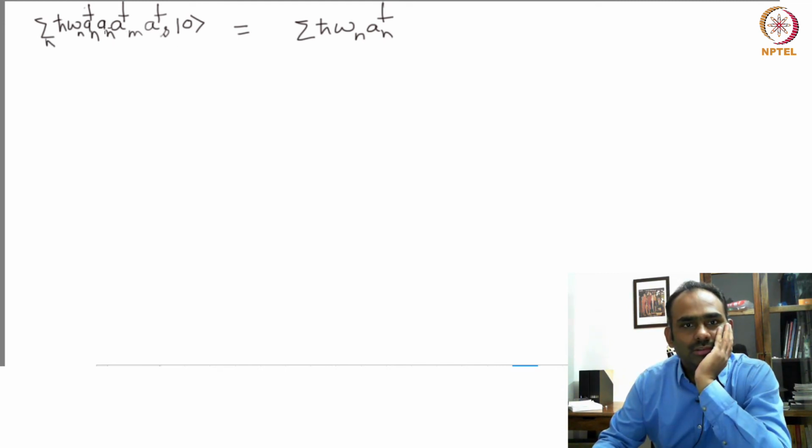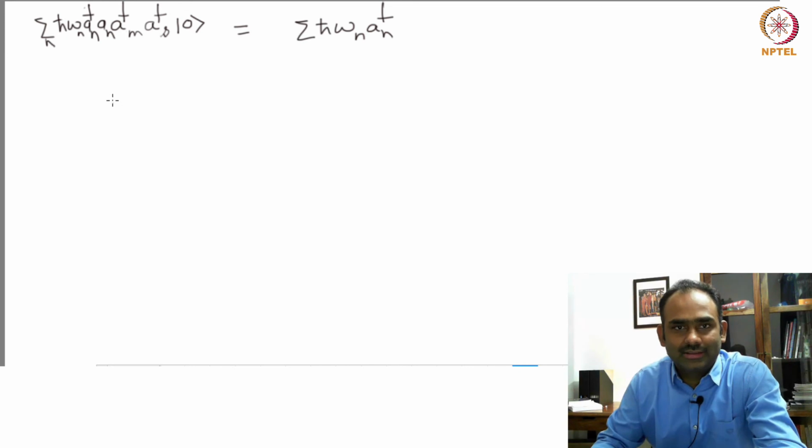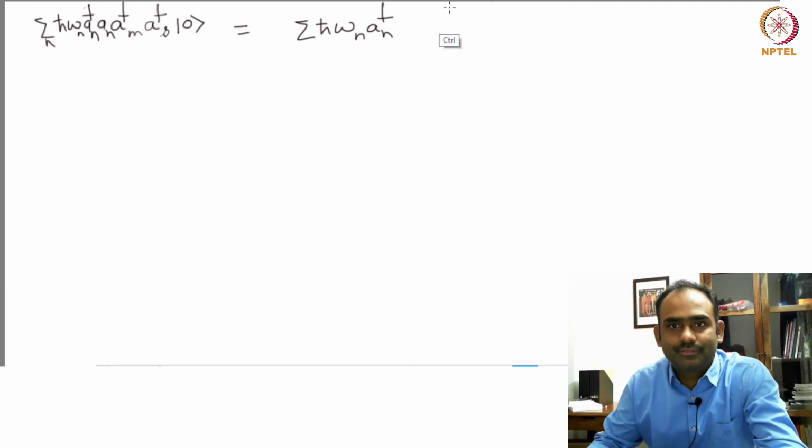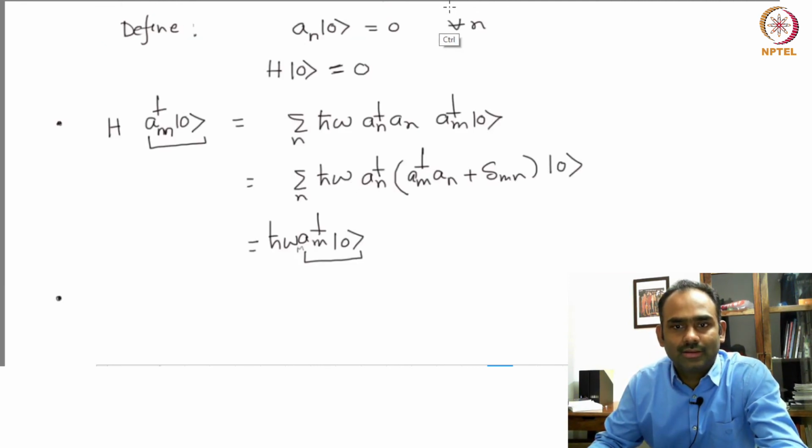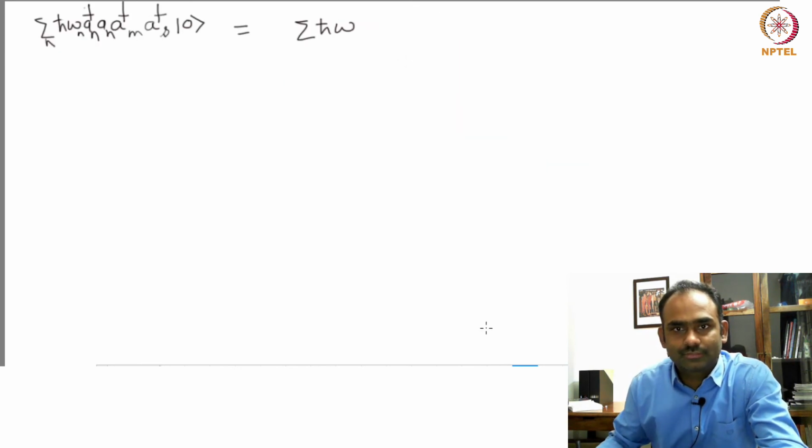Now I want to take it through this string. So I can just give you the answer. This is a simple exercise you can do. You have to just use the commutation relation, and you will get the following.